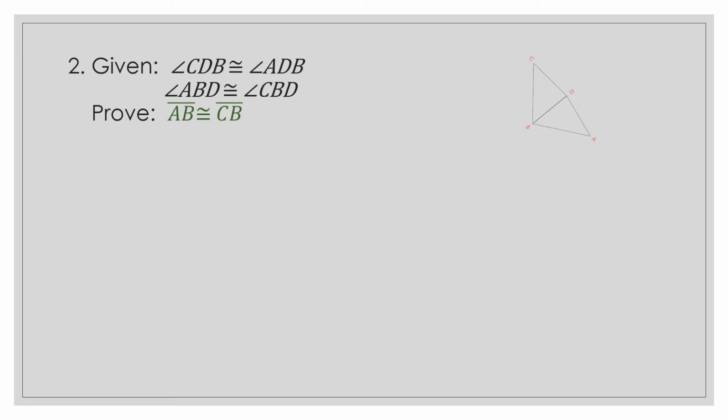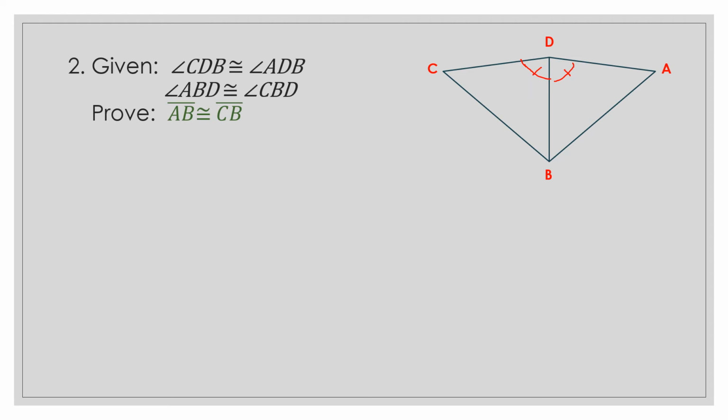Let's have another example. Let us look at our illustration. So we have here the given, and we have to prove that segment AB is congruent to segment CB. Now let's put the markings first. So angle CDB is congruent to angle ADB.